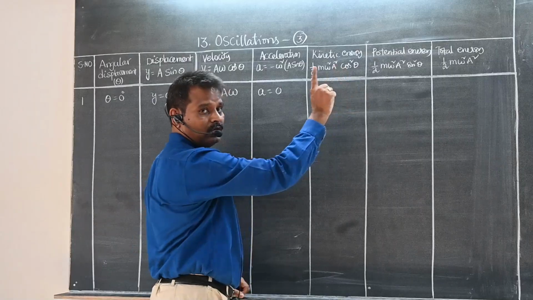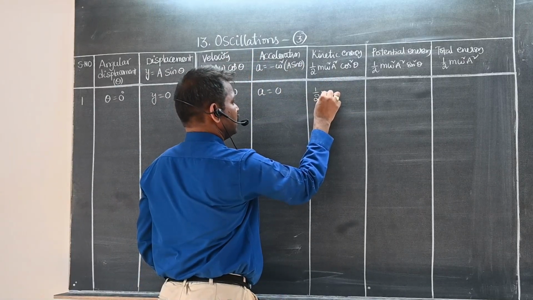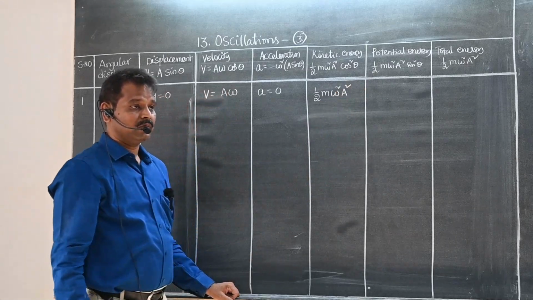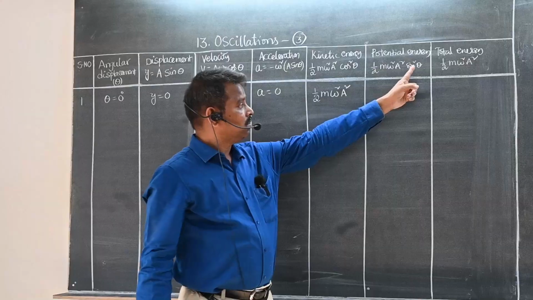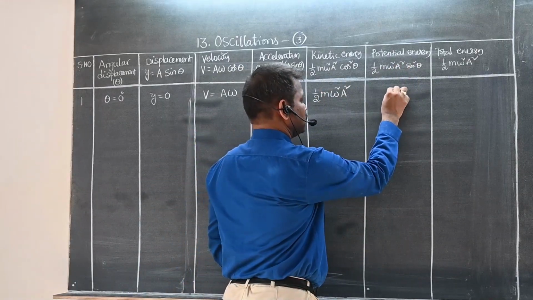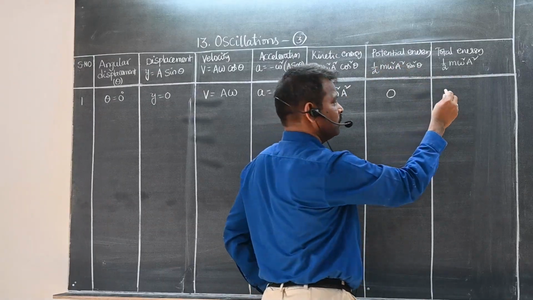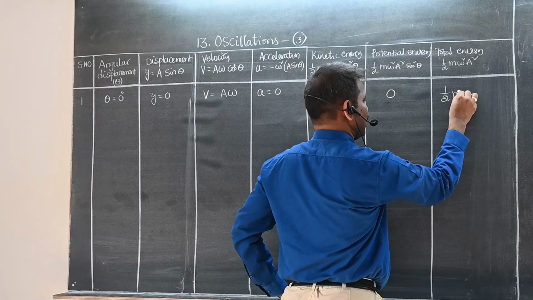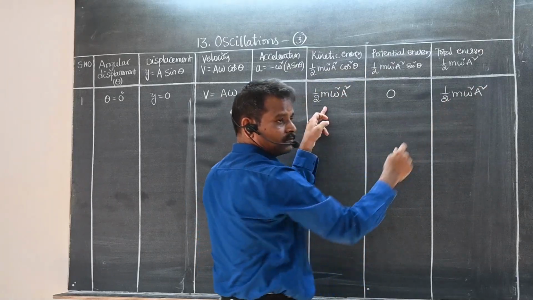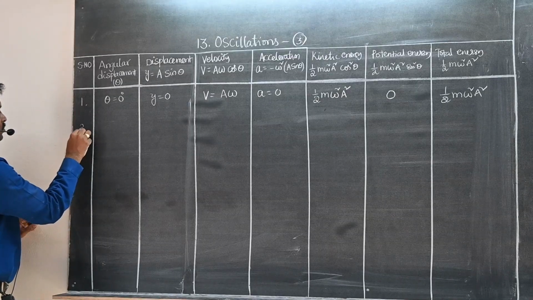Cos 0 is 1, 1 square is 1, so this becomes half m omega square a square. Potential energy: theta 0, sin 0 is 0, so this becomes 0. Total energy never depends on theta, so always it is half m omega square a square. Even if you add these two, you should get this one. That's the condition.